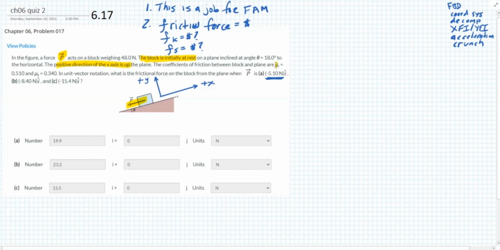And now they are giving me the coefficient of static friction and the coefficient of kinetic friction. And they want to find out this frictional force. So again, I'm going to repeat my question. Does this mean I need to find F sub K or F sub S when P is negative 5.1 newtons I hat?